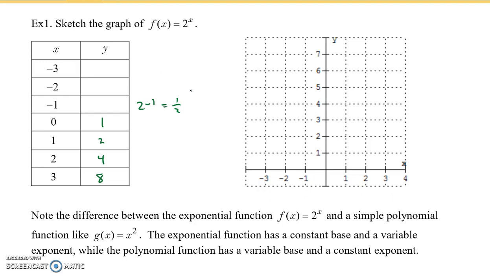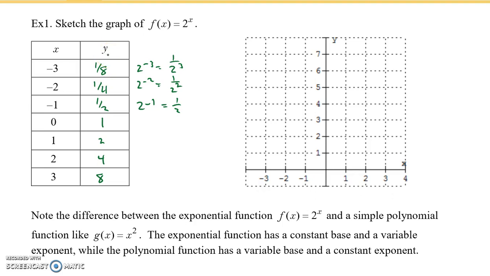So 2 to the negative 1 would give you 1 over 2, or 1/2. 2 to the negative 2 is 1 over 2 to the positive 2. So that would give us 1/4. 2 to the negative 3 would be 1 over 2 to the positive 3, and that would give us 1/8.